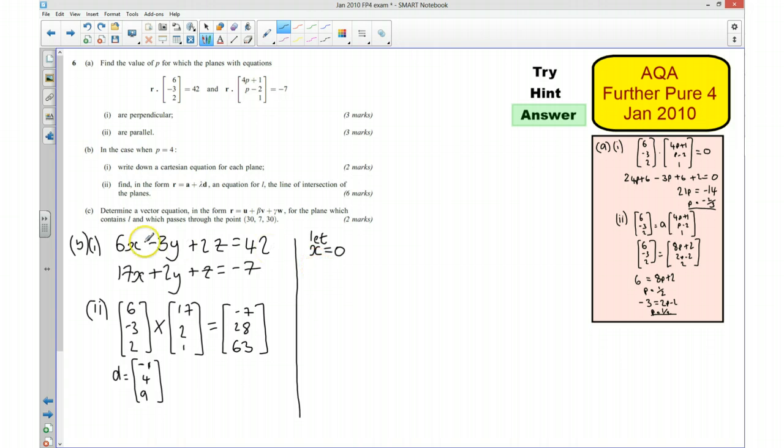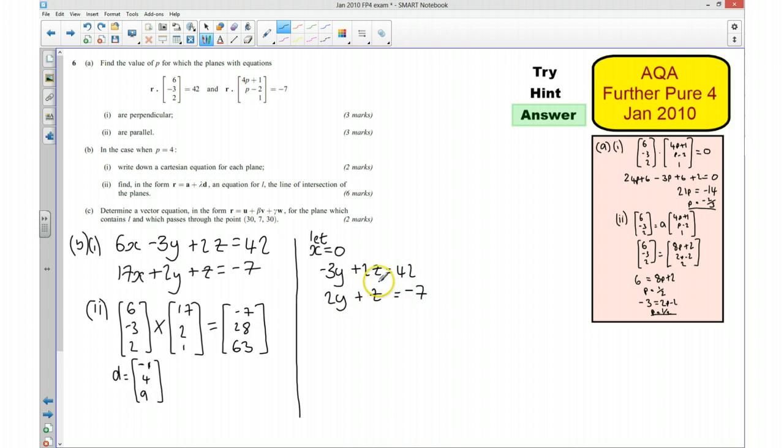So if x is equal to 0, my equation 1 is going to be -3y plus 2z is equal to 42. And when x is 0, this equation is going to be 2y plus z is equal to -7. Because I've got two equations and two unknowns, I should be able to solve this simultaneously.